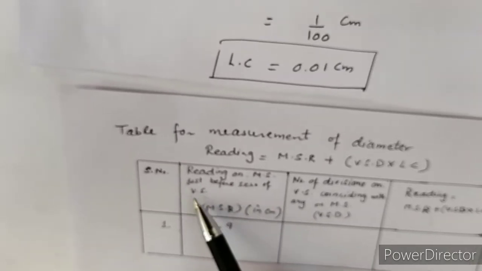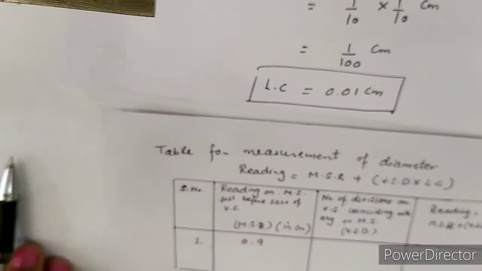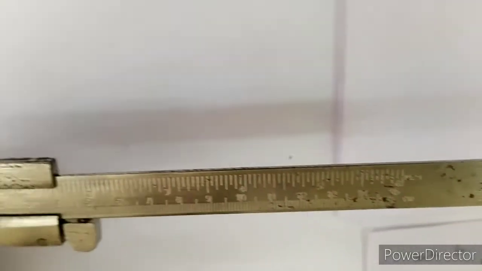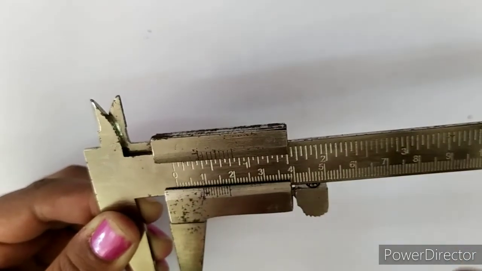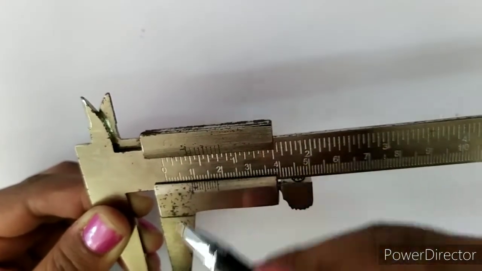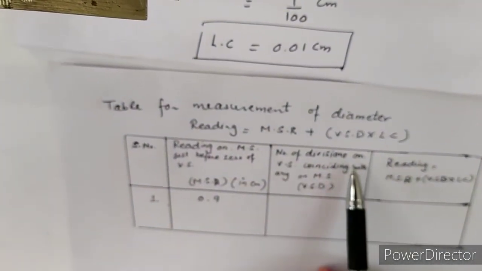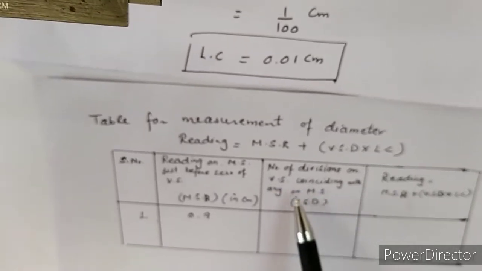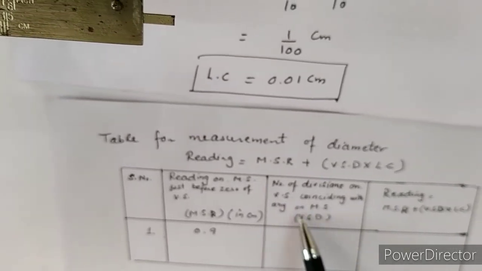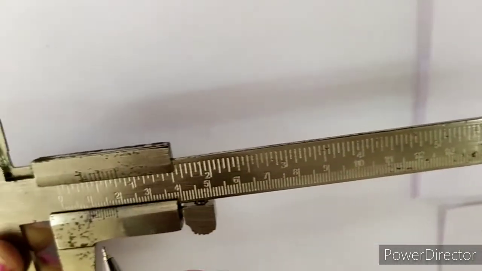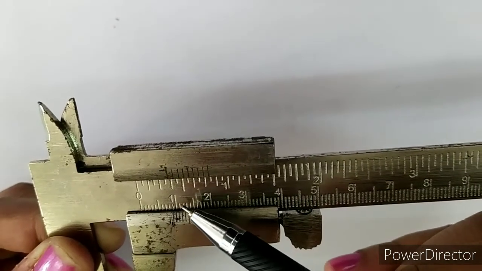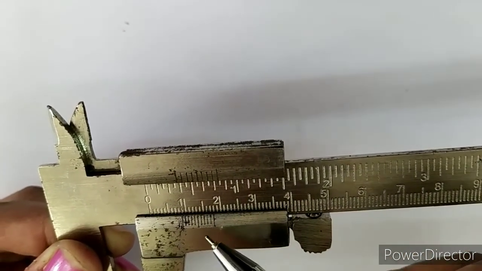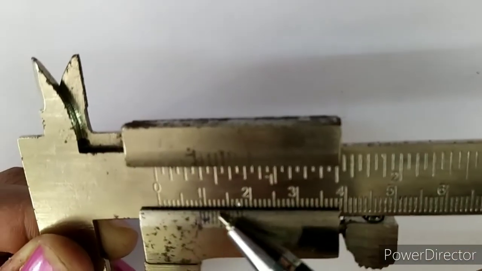Why have we written just before 0 of vernier scale? This we will explain when we measure the inner diameter, because here the vernier scale is properly coinciding with the main scale reading. So next is the number of divisions on vernier scale coinciding with any on main scale. For the vernier scale division, we have to see which division on vernier scale is coinciding with any of the main scale. So now we should concentrate on the vernier scale.